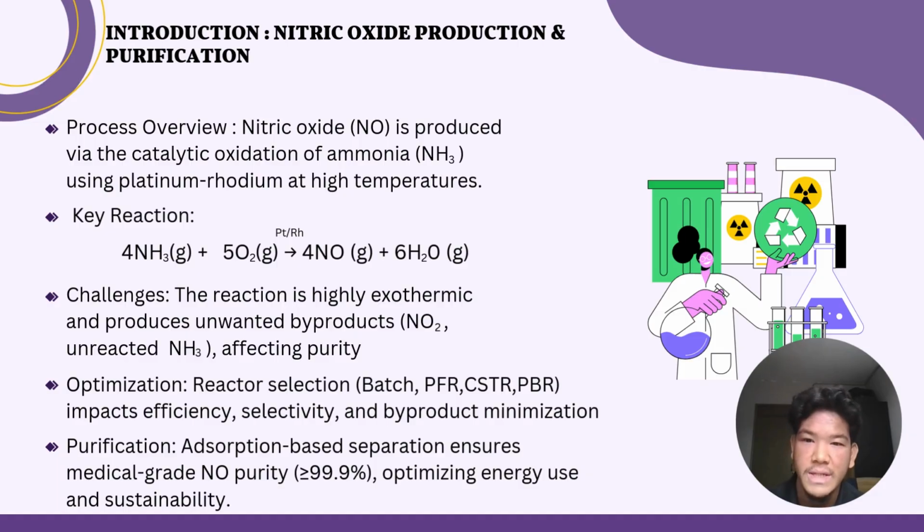First is the optimization, which is the reactor selection to improve our efficiency and maximize the NO production. And second is the purification system, meaning the separation part, to optimize the removal of the impurities and maintain sustainability.